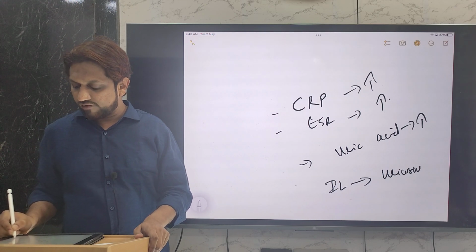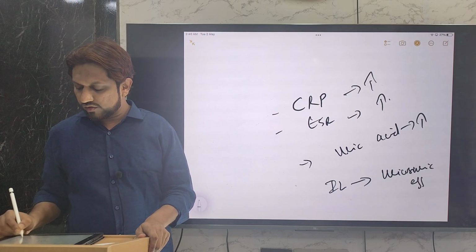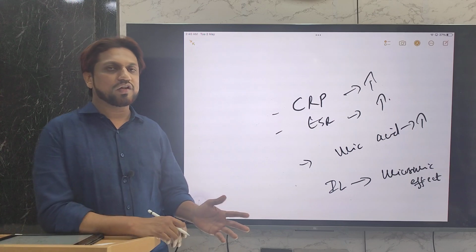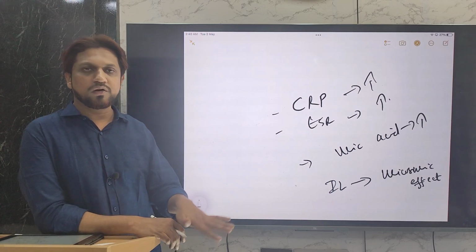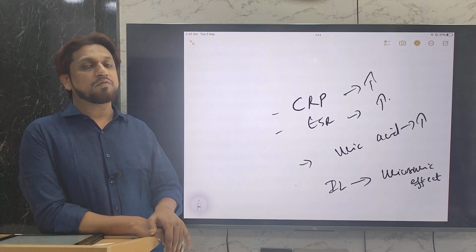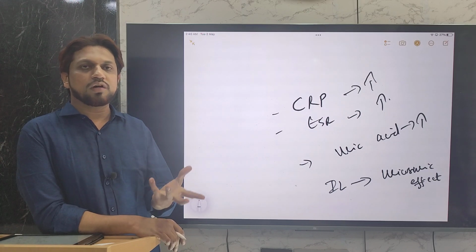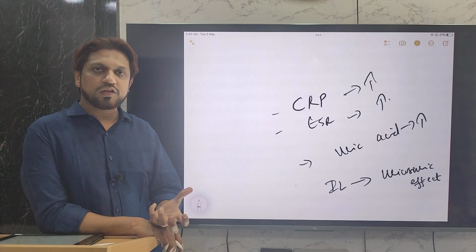Interleukins have a uricosuric effect, that is they cause excretion of uric acid, and the level can be reduced by up to 2 mg per deciliter. So sometimes even at the time of acute gout the uric acid level may appear to be within the normal range.